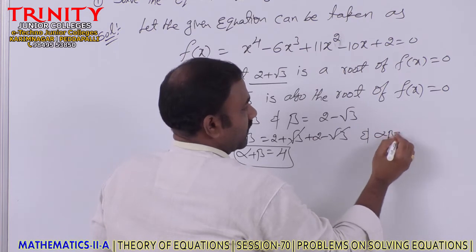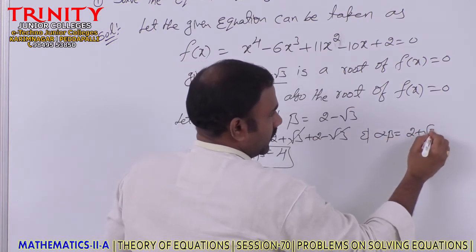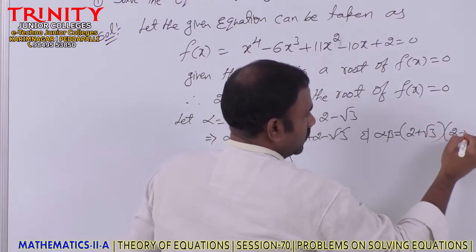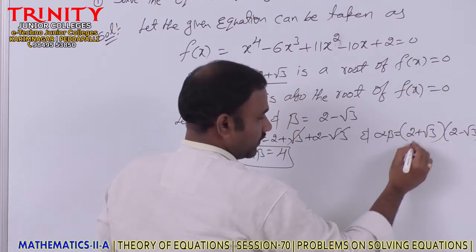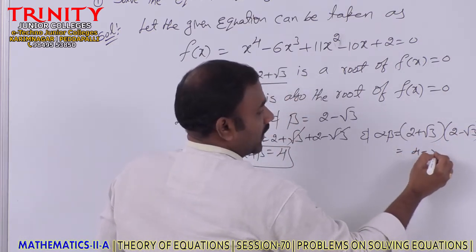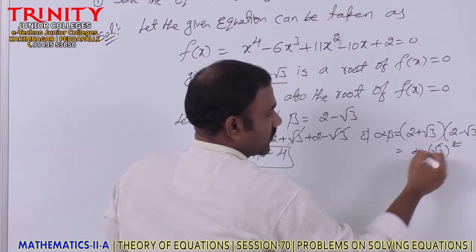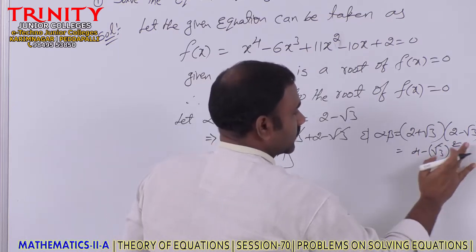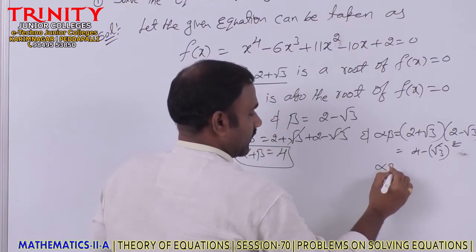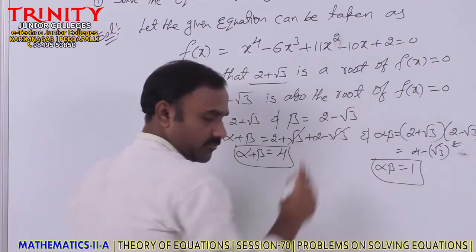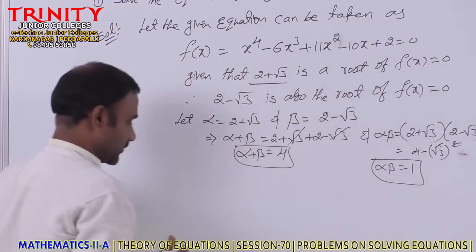Product of the roots, alpha beta, is equal to 2 plus root 3 into 2 minus root 3, 4 minus root 3 whole square, the root cancels. Therefore, alpha beta is equal to what, Nana? 4 minus 3, that is 1, the product of the roots.